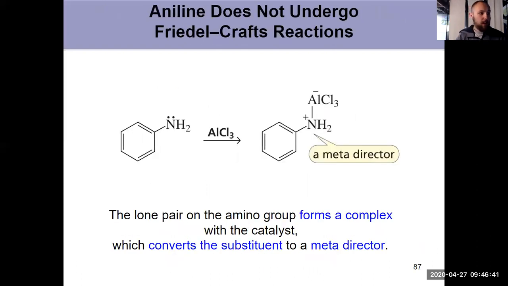And in addition, aniline, just be aware of this, also can't undergo Friedel-Crafts reactions because the Lewis acid catalyst that you have to use ends up forming a complex. The lone pair here acts as a Lewis base that attacks the Lewis acid, and then you have a positive charge on nitrogen. Now it's a meta-director. Can't undergo the Friedel-Crafts reaction.